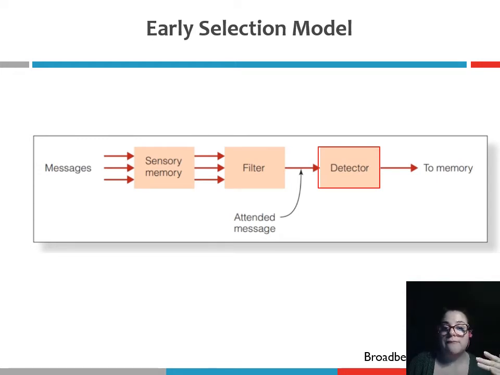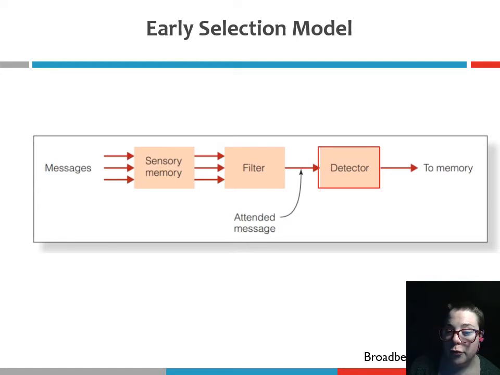Whatever auditory information is available, based on those physical characteristics, the information in the attended ear is going to be selected and sent to what's called the detector, and all of the information in the unattended channel or the unattended ear is going to be filtered out.